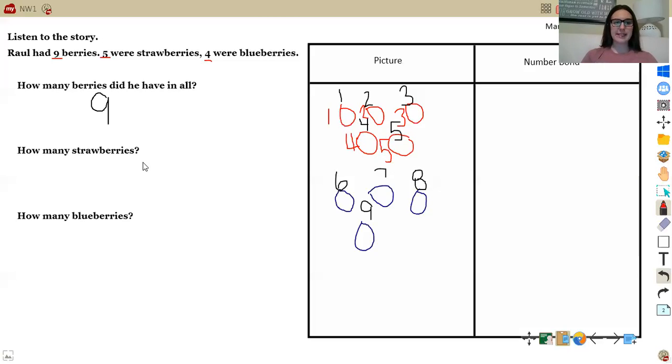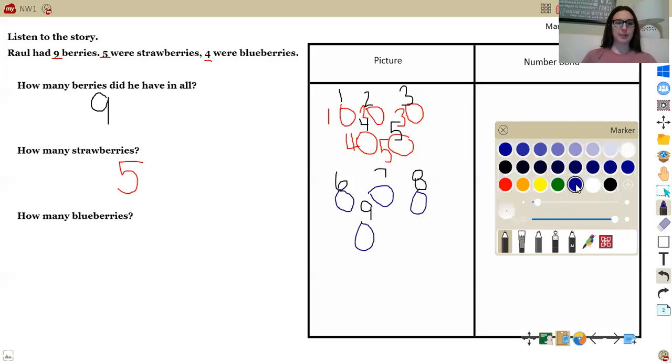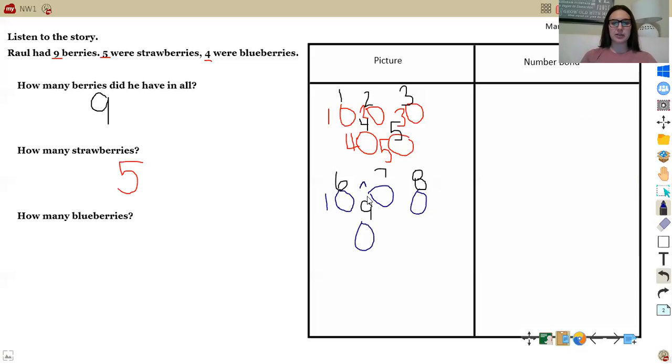So how many strawberries? 5. And I'm going to change my color to blue to represent my blueberries because it asks how many blueberries. So let's do that again. 1, 2, 3, 4. So there were 4 blueberries.